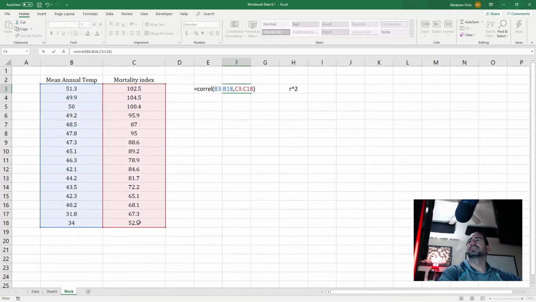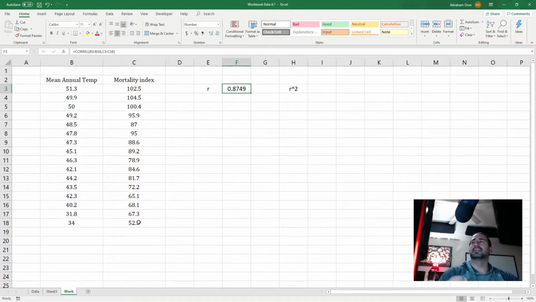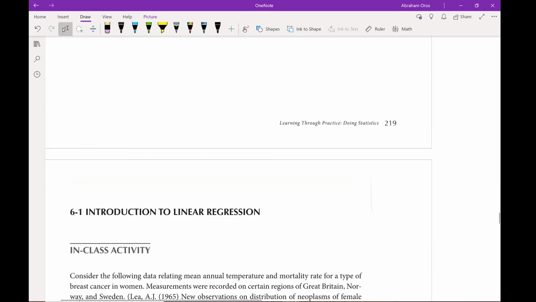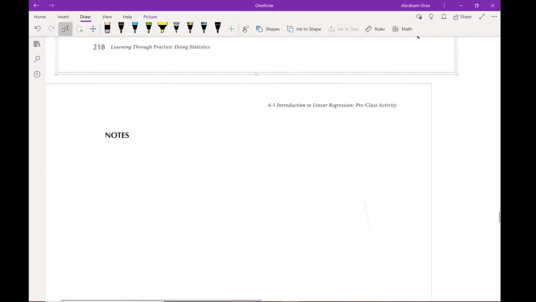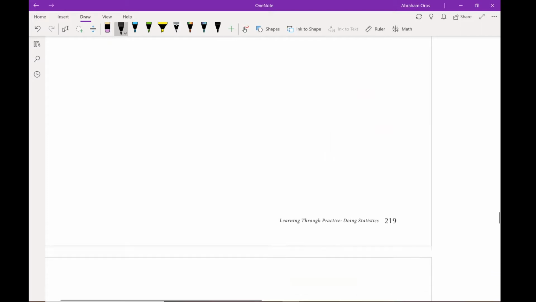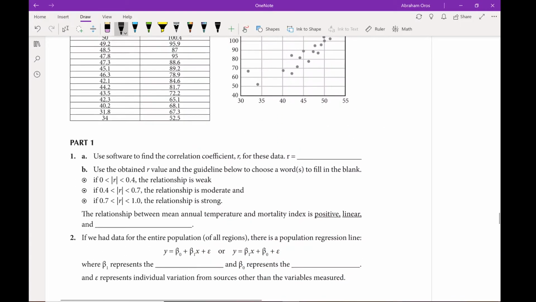Close the parentheses, and it gives us a number, 0.8749. If you think about it, that is fairly close to what we found in number 6, 0.88. It's not exact, but it's close. Using software, though, we got an exact number, 0.8749.